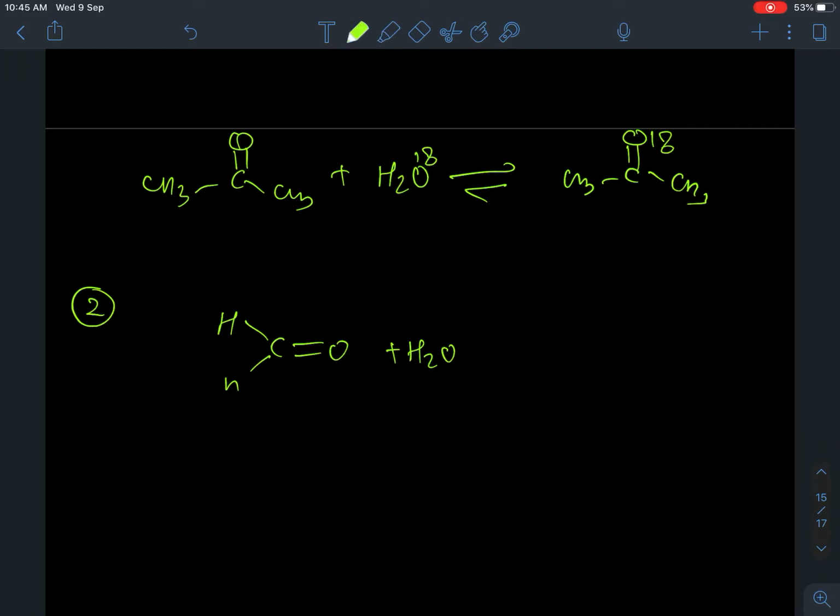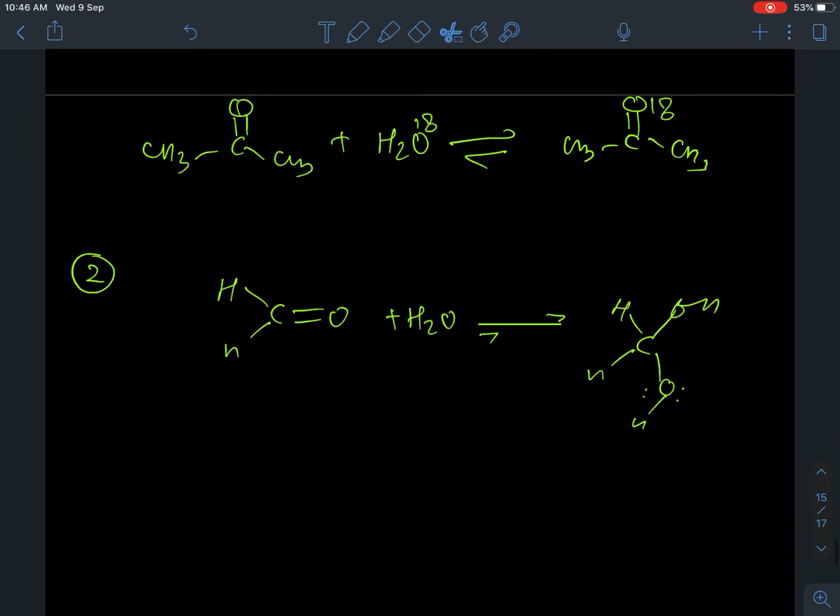Rather, this time the equilibrium is in the forward direction. That means the 2 OH form of formaldehyde is quite stable. Very little hindrance is there.